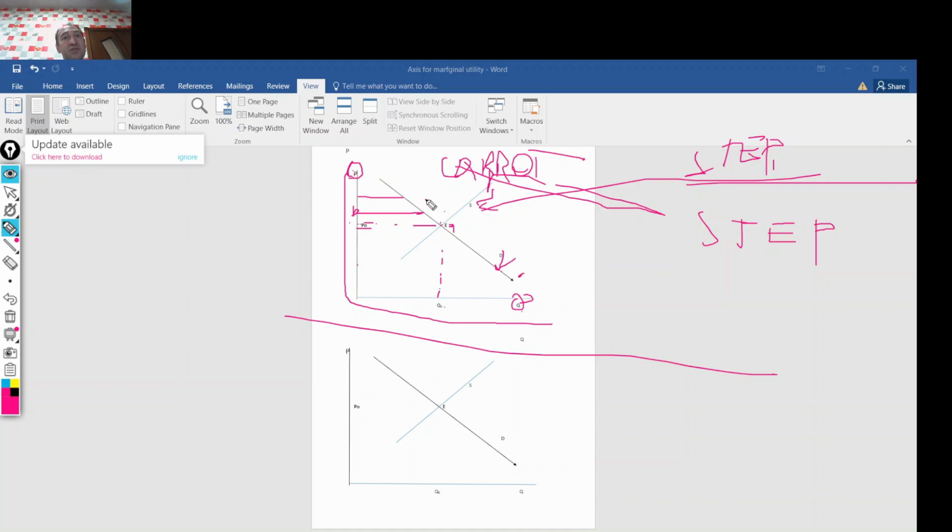Your new curve will join up all those points placed rightwards from the original points. The new curve runs parallel, joining all those new points with higher demand for the same price.